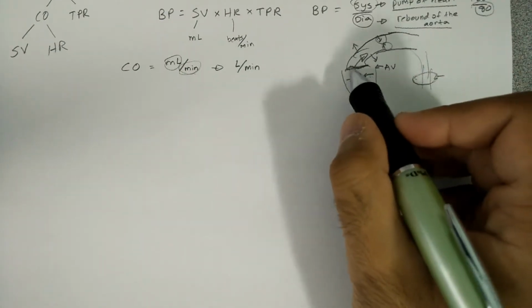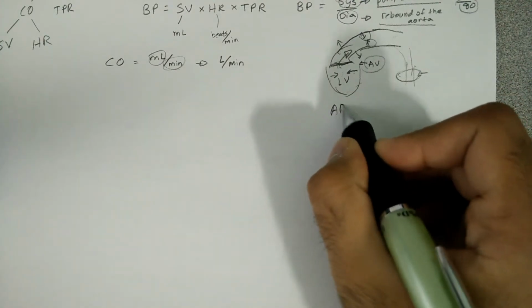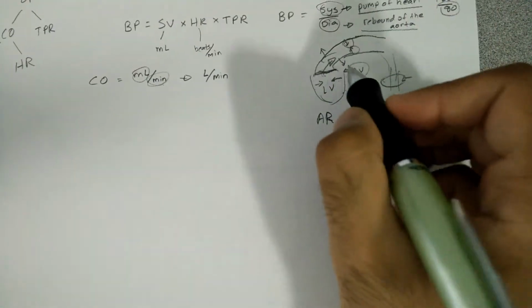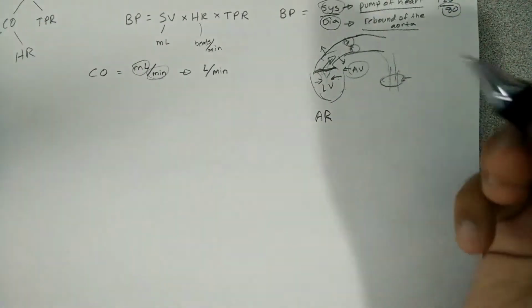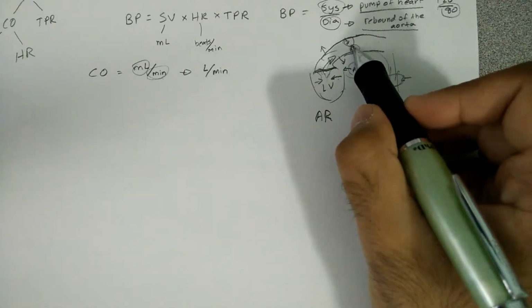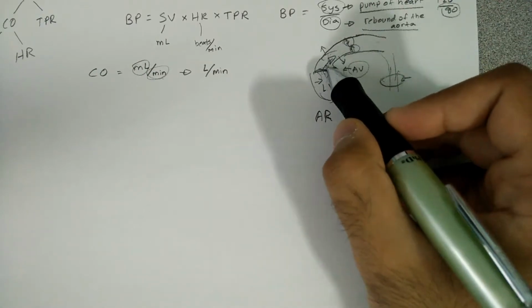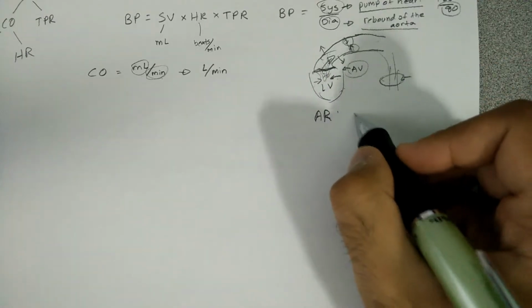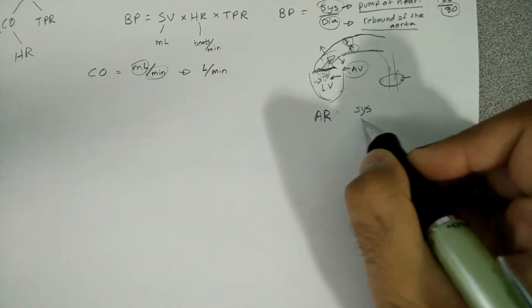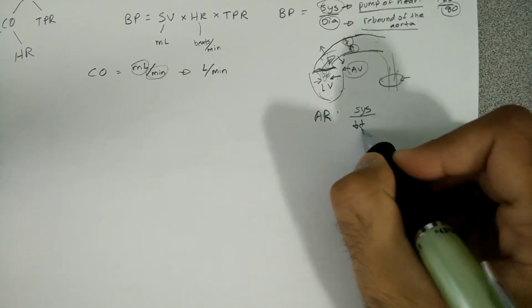In pathological conditions, for example, if we have aortic regurgitation or aortic insufficiency, where this valve is leaky and you have blood that leaks back into the left ventricle, well, this aorta can't make as high of a diastolic pressure because that pressure it's generating is going to push some blood back into the left ventricle. So in aortic regurg, we'll have a normal systolic blood pressure, but your diastolic pressure will be very low.